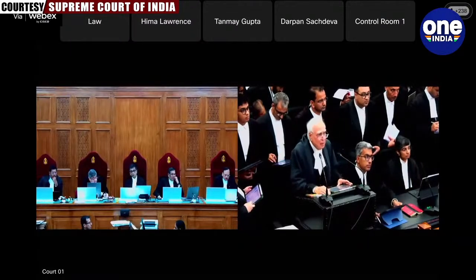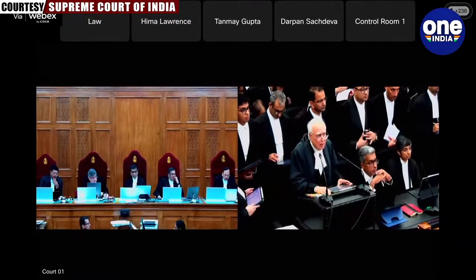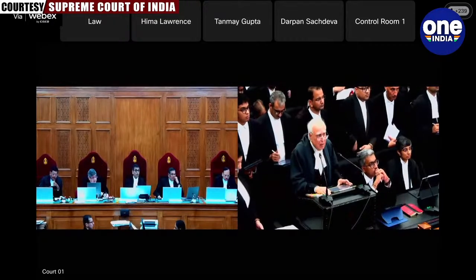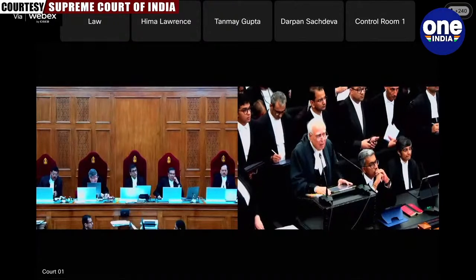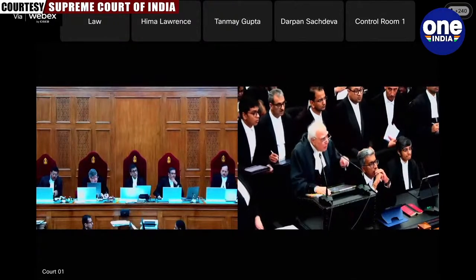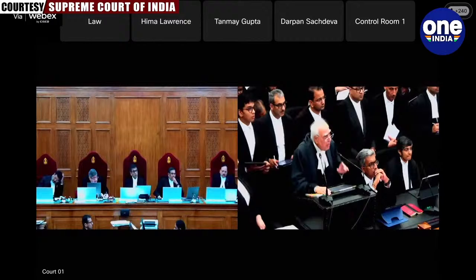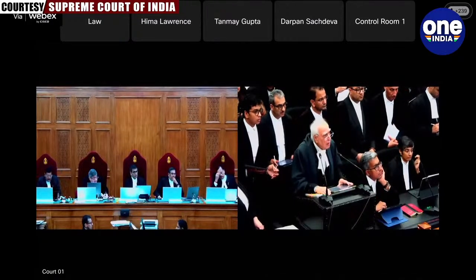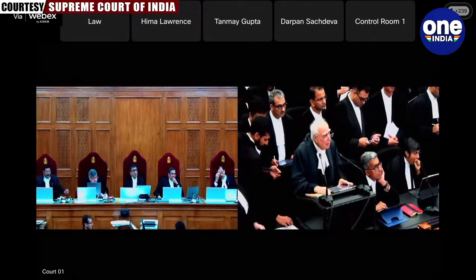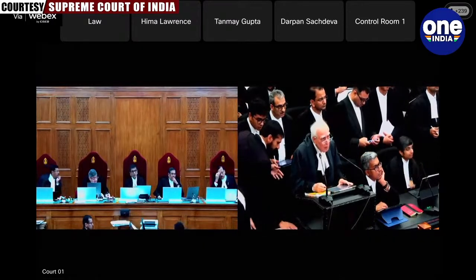But can the permanency of Article 370 be a consequence which follows from the Constitution of Jammu and Kashmir? No, it's made applicable to Jammu and Kashmir by an application order. But you're saying that Article 147 of the J&K Constitution makes Article 370 permanent.